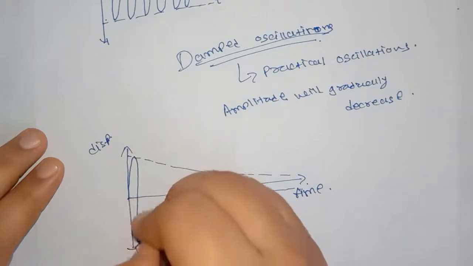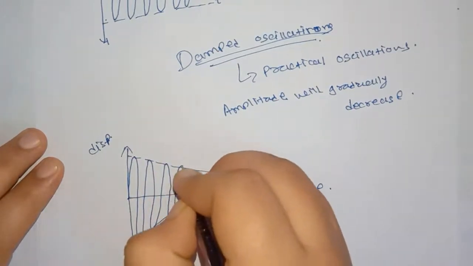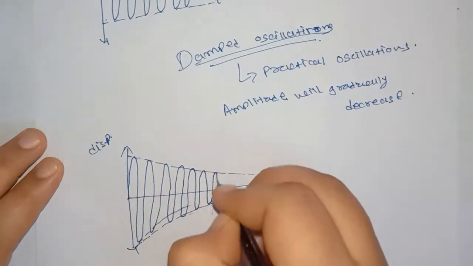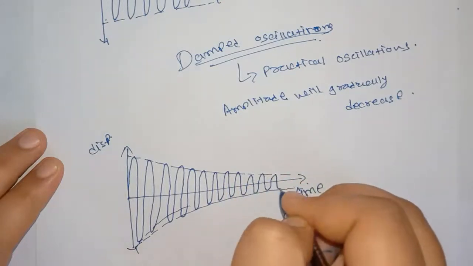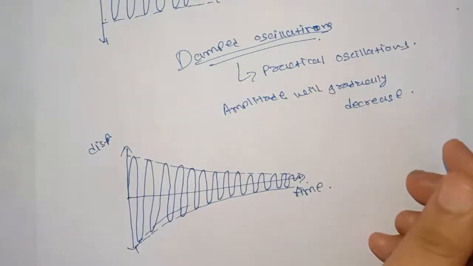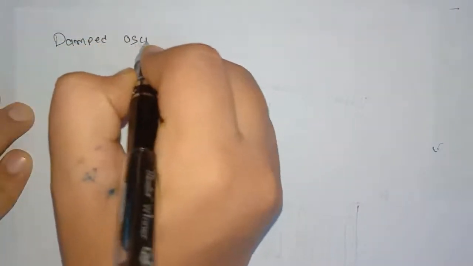So we can see with the time the maximum displacement, that is amplitude of the oscillation, is gradually decreasing, and after some time it will become 0. So now let us see mathematically what happens in the damped oscillations.